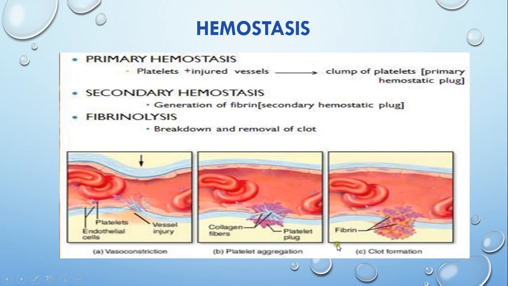It is the secondary hemostasis in which there is formation of the fibrin meshwork around the platelet plug. Fibrinolysis is another mechanism which occurs after the clot formation, and the clot is either removed by the dissolution of the clot or it is washed away by the circulating blood.